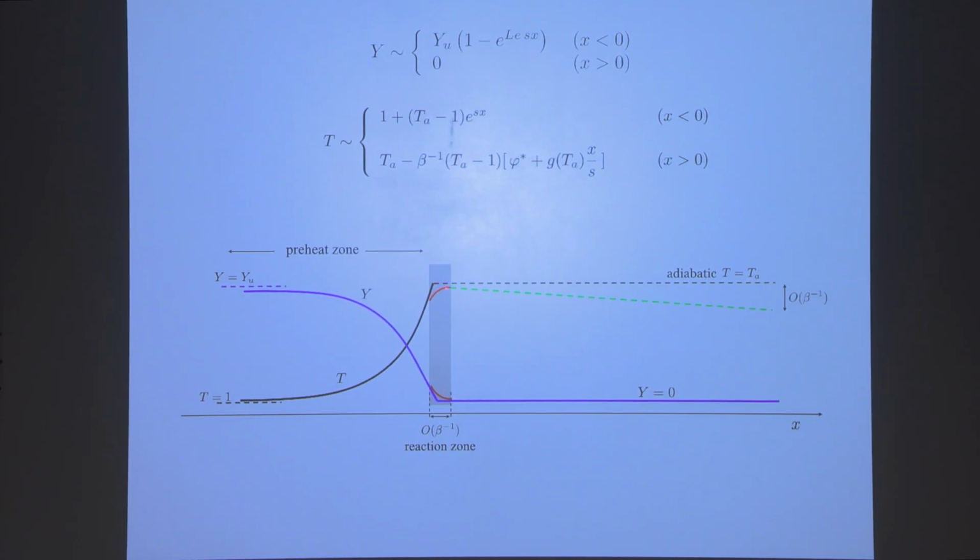Under adiabatic condition, it would stay T equal to TA. Due to the heat loss, you have a linear decrease here of order beta minus 1. Okay? A question about this I will raise and discuss later, but let's proceed for now.